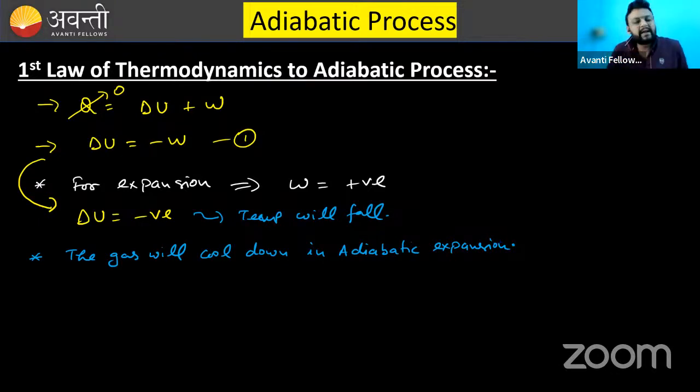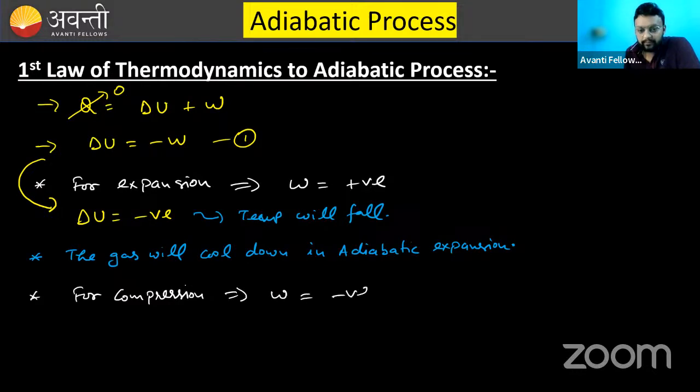When gases are expanded adiabatically, you can feel it like this: when you blow a balloon and open it at the end, the air coming out of it feels a little colder because the expansion was an adiabatic kind of expansion. In the same way, for compression, work done is going to be negative.